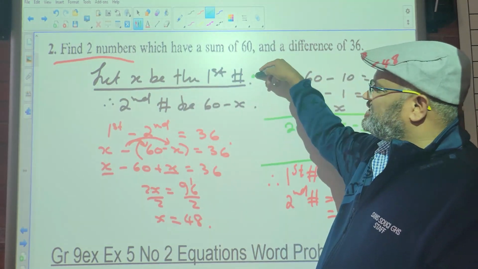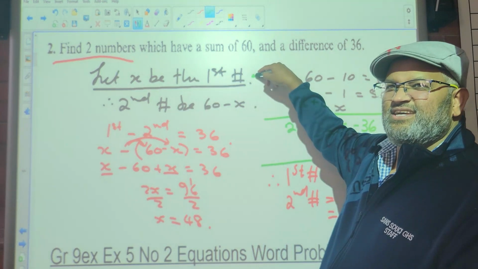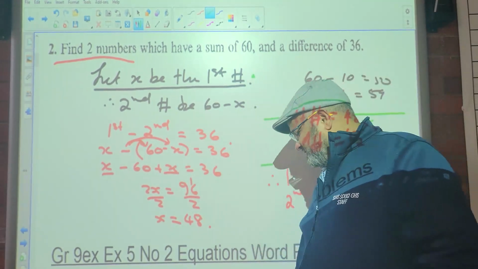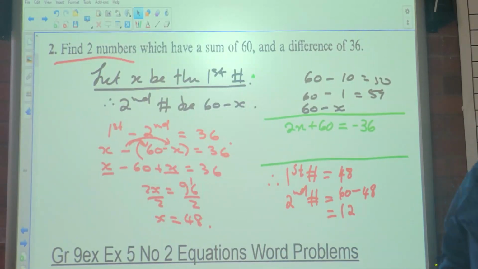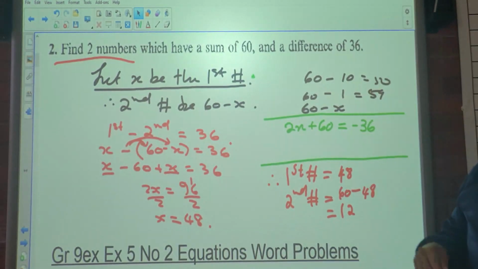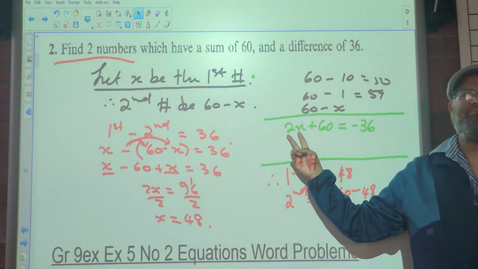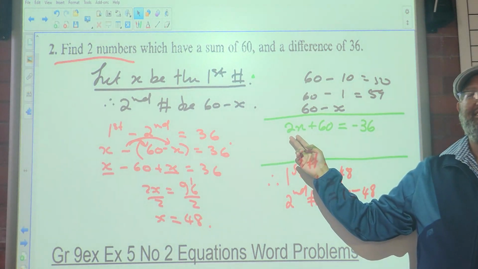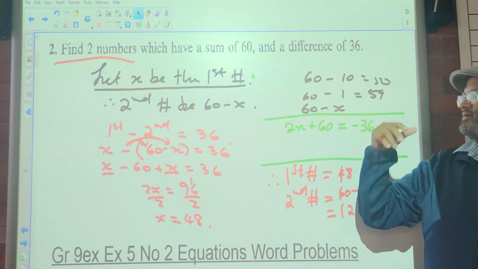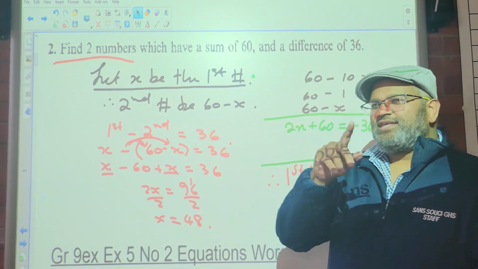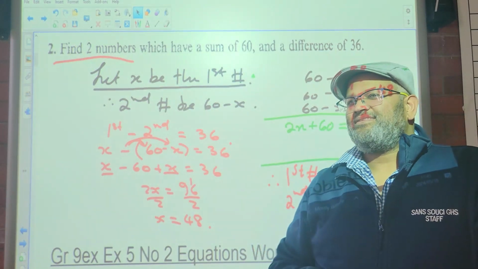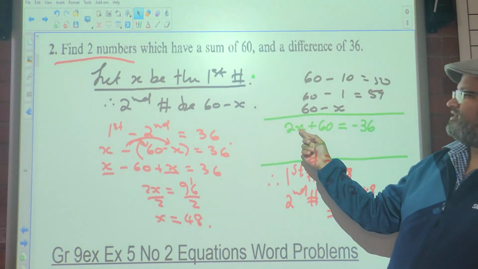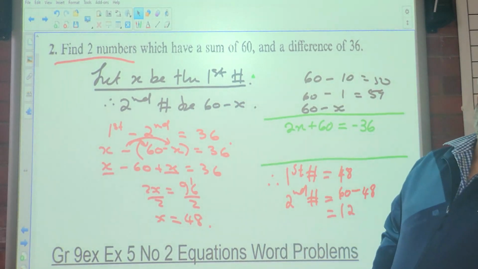Did you name the first one x? You must lay it out nicely. Because where is the 2x coming from? Did they say that the numbers are the same? No. But you wrote it as the same. So that is already wrong.